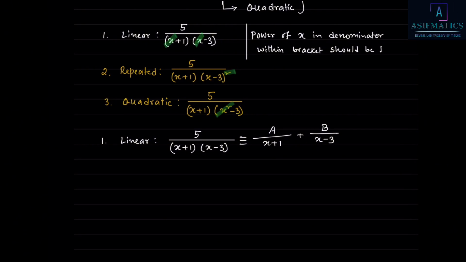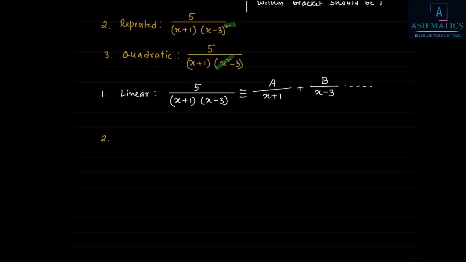If you have a number of terms, then you just keep adding. Now if it is a repeated term, that means you have 5 over x plus 1 and x minus 3 whole square. One term is in whole square form.